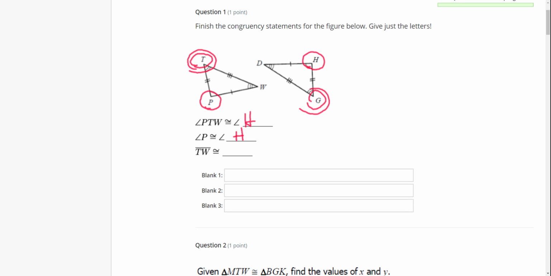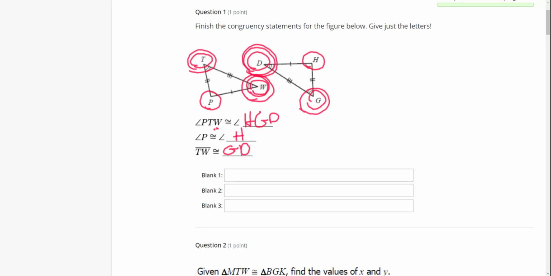G. So everywhere I see a T, I'm going to put a G. And then what corresponds to W? D. So everywhere I see a W, I'm going to put a D. And those are your answers.